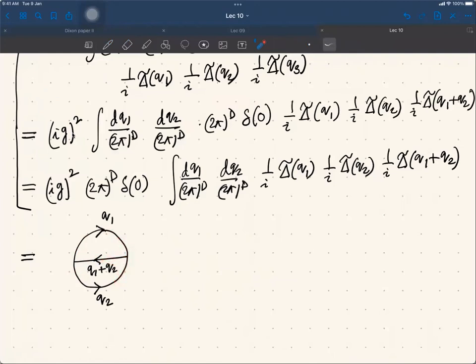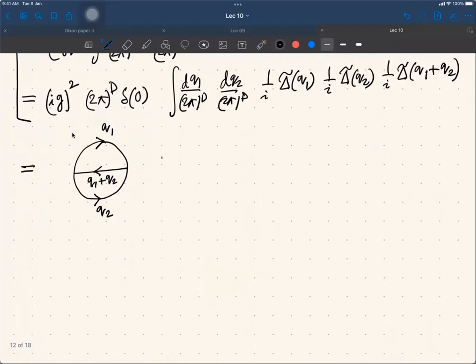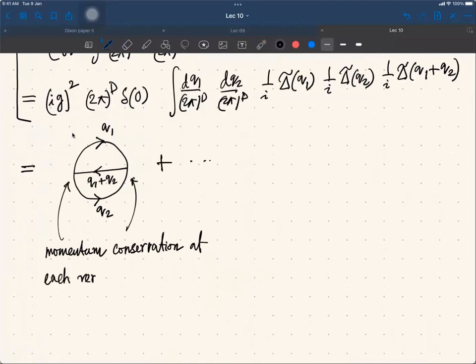So there are other terms, and the point to make is that there is momentum conservation at each vertex. That's the diagram in momentum space.